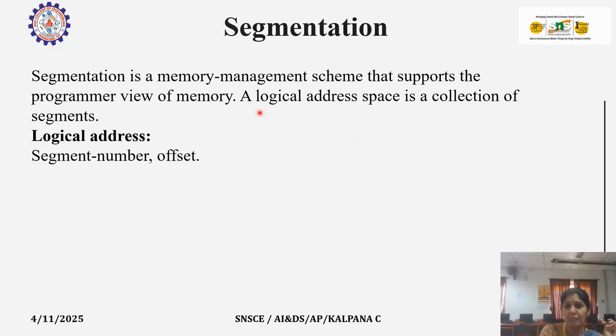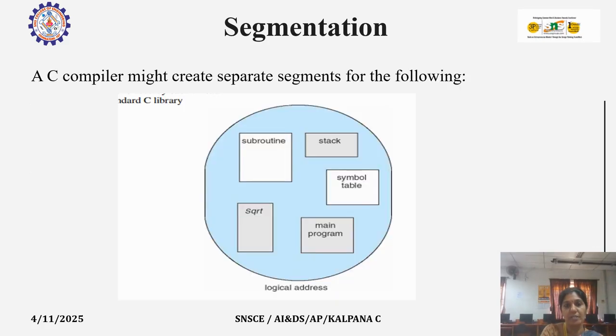In paging, the logical address consists of the page number and the displacement, which means the offset. The same here in segmentation: the logical address has two parts, one is the segment number and the other is the offset. So this is our view of segmentation. This is your logical address space, divided into subroutines, stack, symbol table, main program, and square root function.